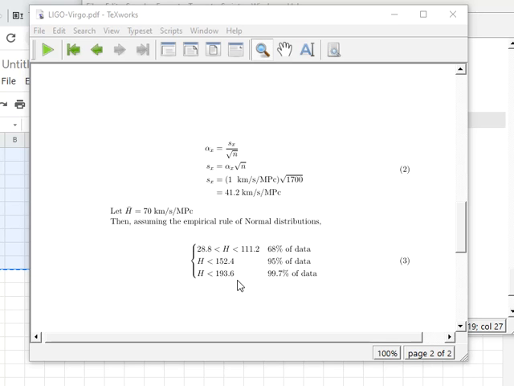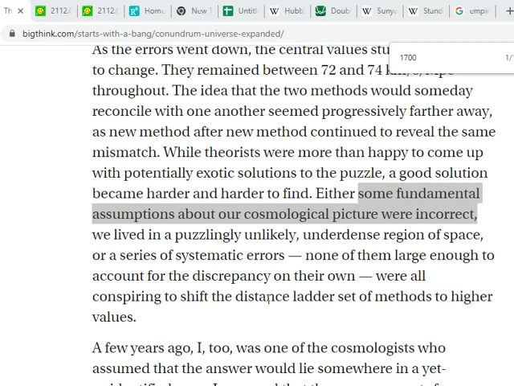It makes more sense to describe the distribution. So when Ethan says some fundamental assumption about our cosmological picture might be incorrect, yes, absolutely.